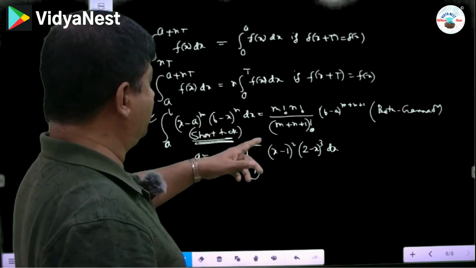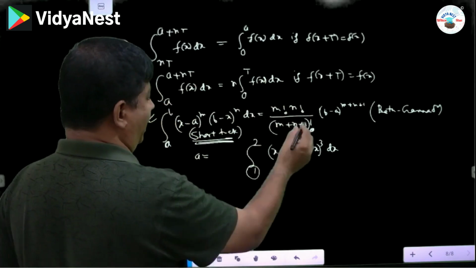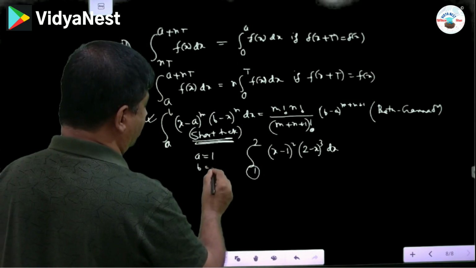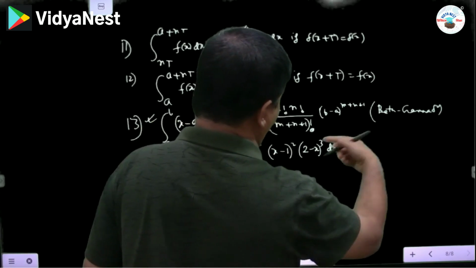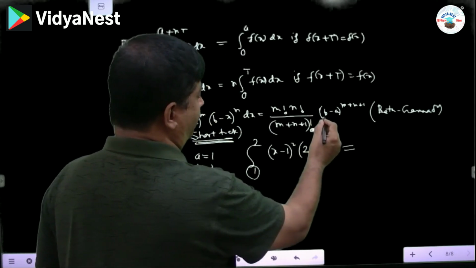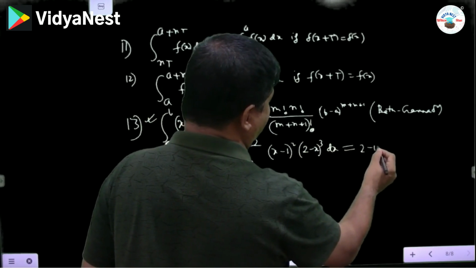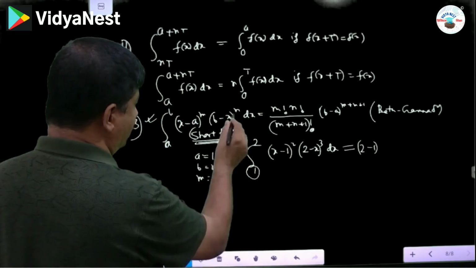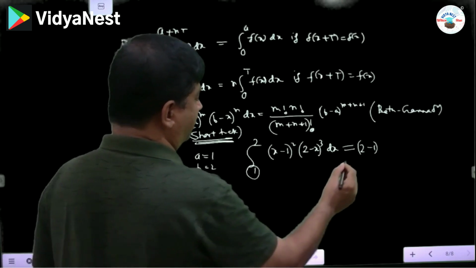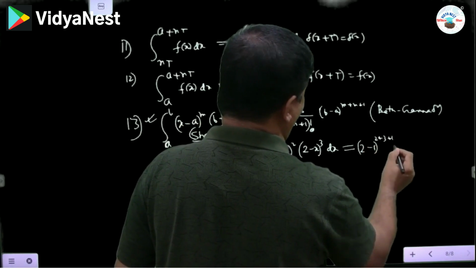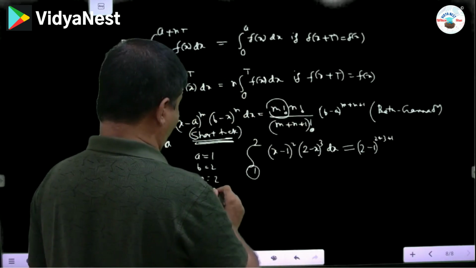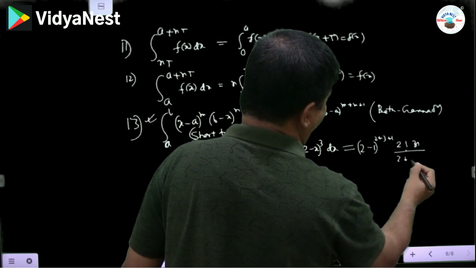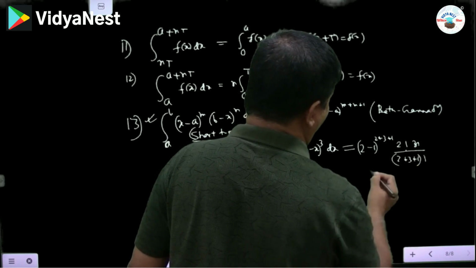Now, how directly can I use that? Here A is 1, B is 2. Now directly use this formula, B minus A, 2 minus 1. What is M? Compare, 2. What is N? 3. So 2 plus 3 plus 1. Factorial M means factorial 2, factorial 3, 2 plus 3 plus 1 factorial.